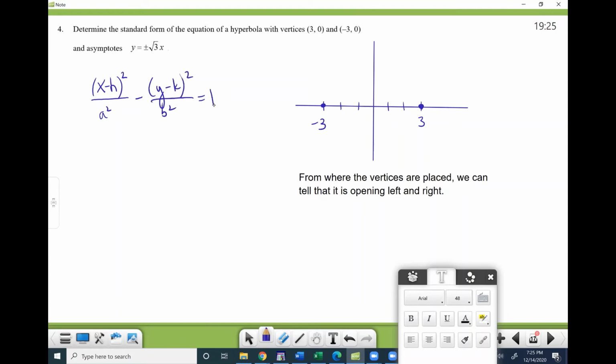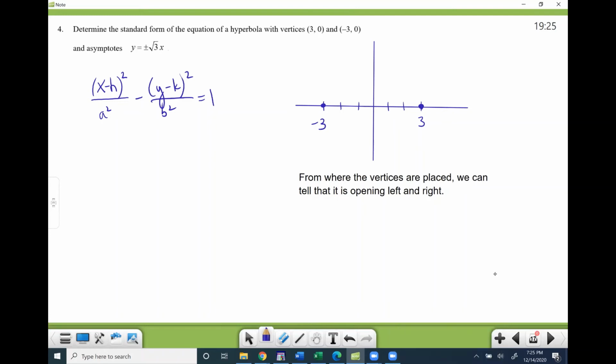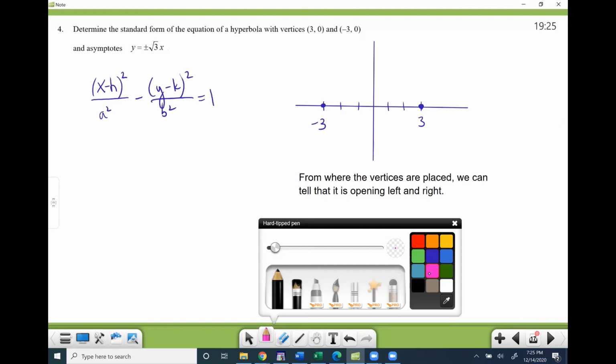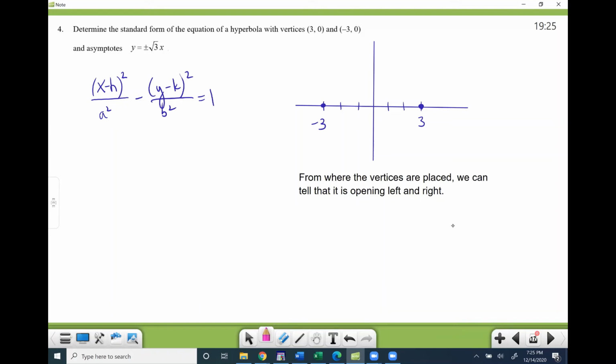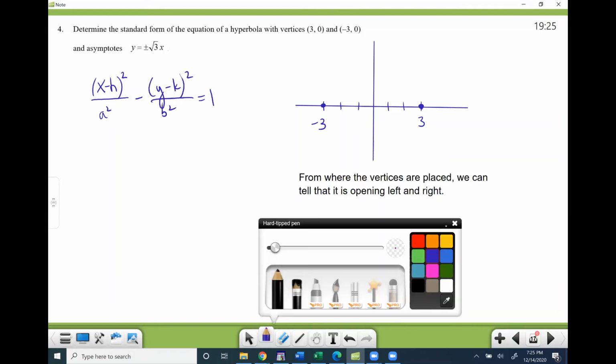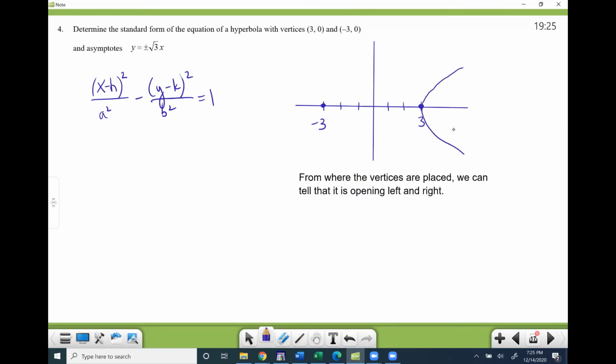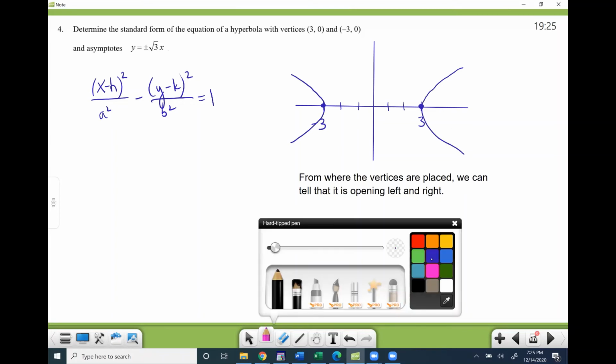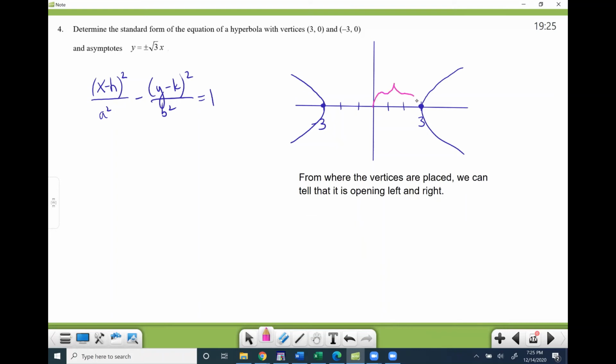That was big. I claim it also gives us one of our letters. Which letter does it give us, you guys? A. Yeah, it gives us A. The distance from the center to a vertex is always going to be your A. Okay. So we know that A equals 3.